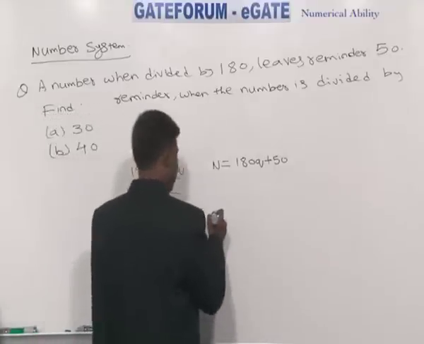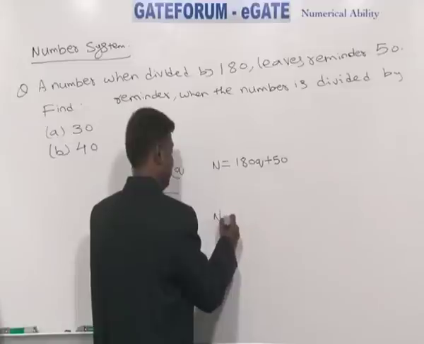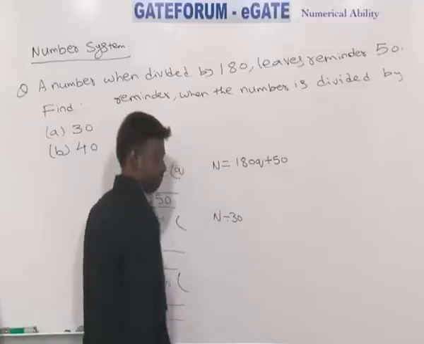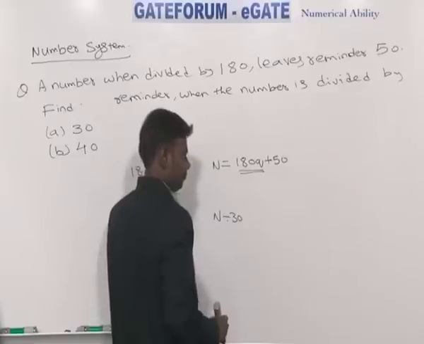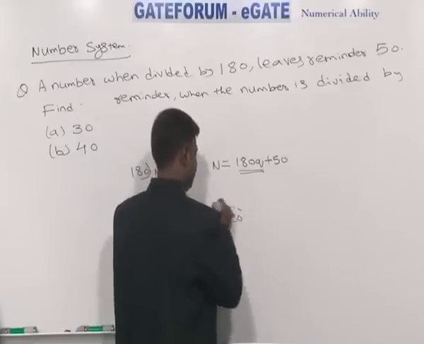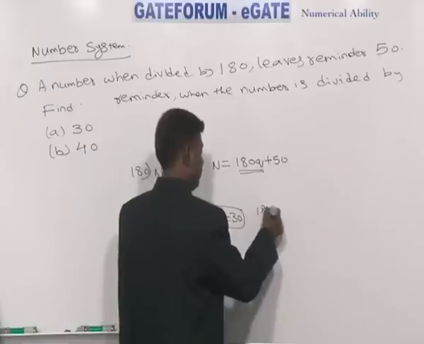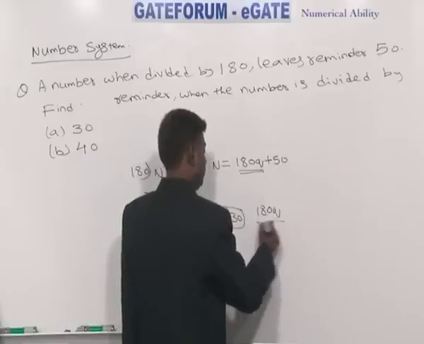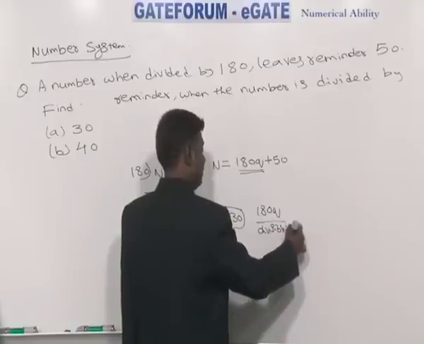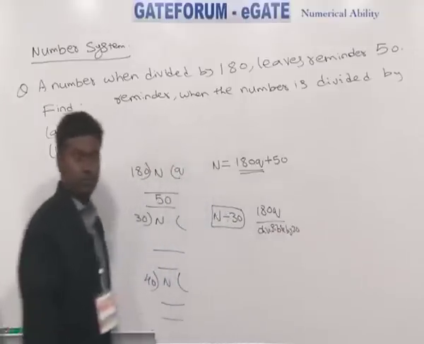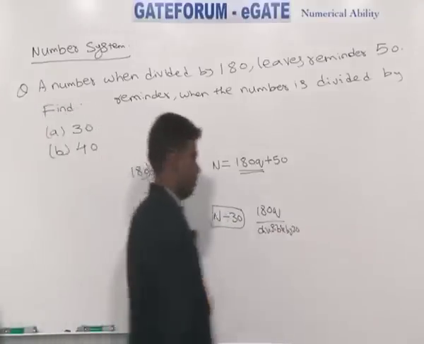Now if you divide n by 30, this part 180q is divisible by 30, right? You get remainder 0.